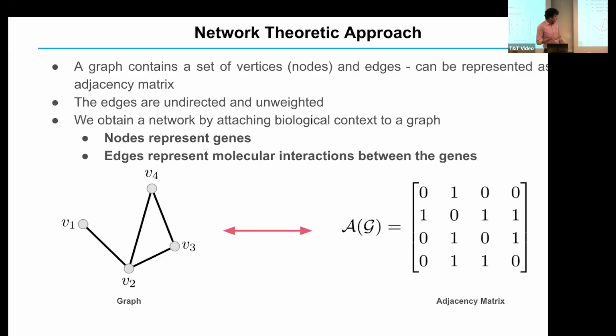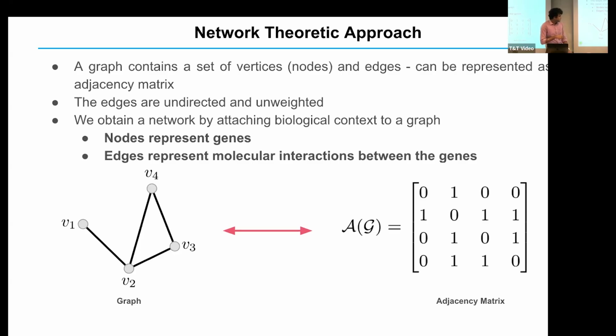The thing to note is that not every node is connected to every other node. We have an interaction between the 4th node and the 2nd node, but the 1st node and the 4th node don't interact with each other. If everything interacted with everything else, there would be no meaning in it.